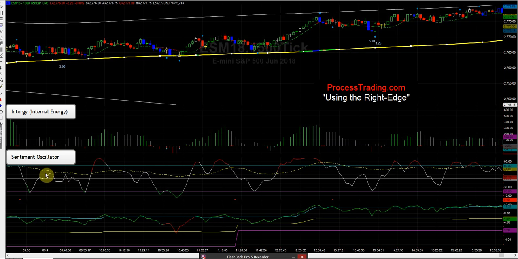Well, we see the sentiment line, which would be the psychological factor, the conviction factor behind price going up, structurally never went below the median in this oscillator. So it tells you that this sentiment is really strong to the buy side.